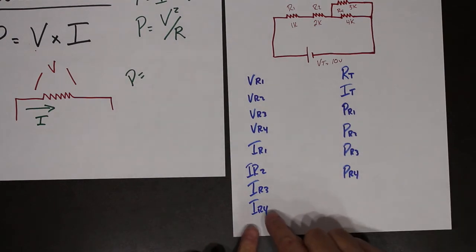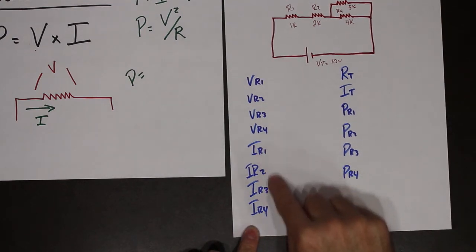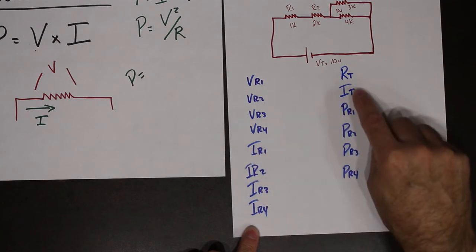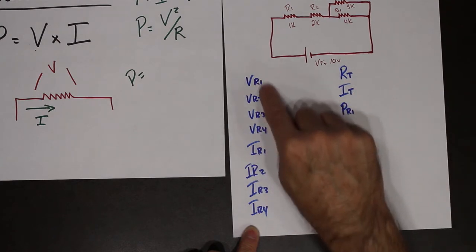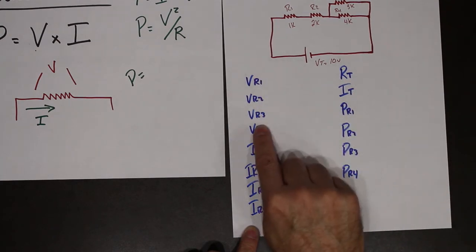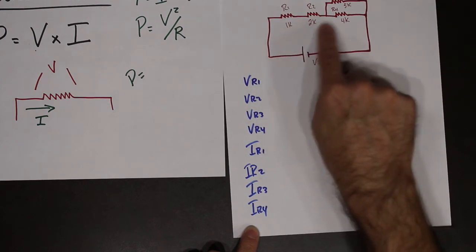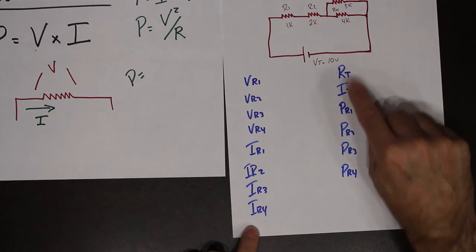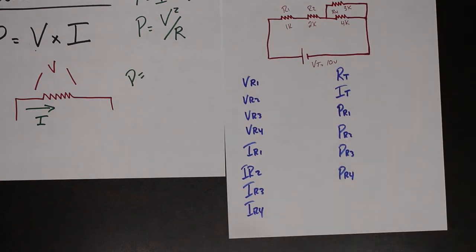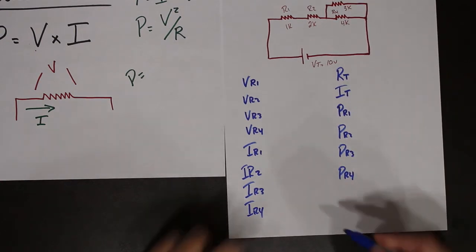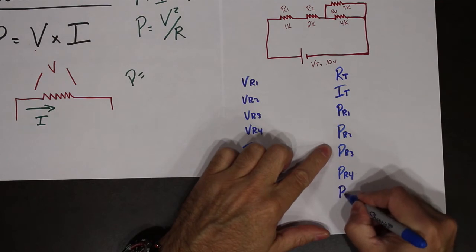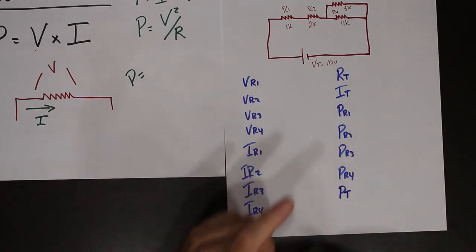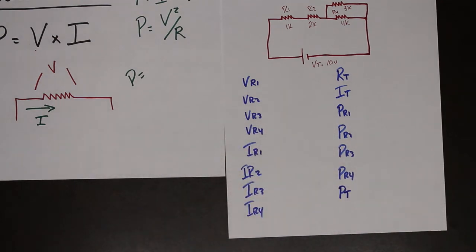But if you notice, we've got individual currents and a total current, individual voltages and total voltage, individual resistors and total resistance. So if we have individual power, we must also have power total for the circuit.